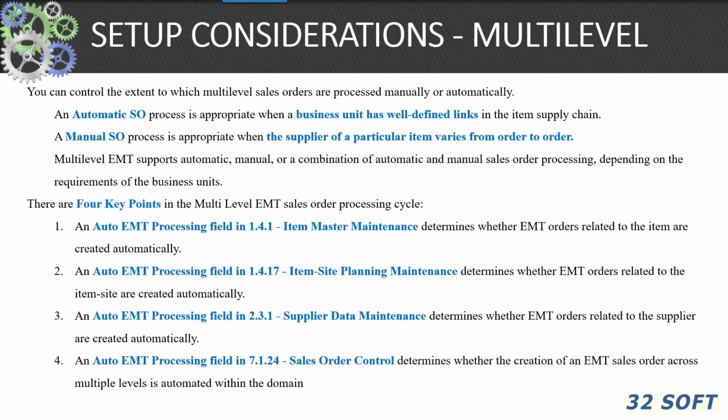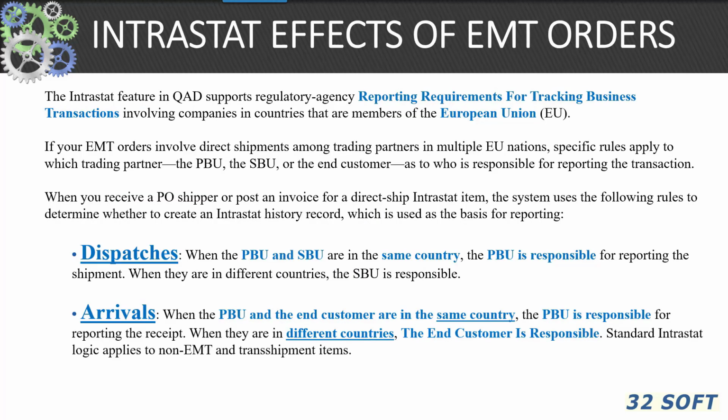Some considerations: if you're going to use automatic, you need well-defined business relationships. You can use manual, especially when you vary order for order. You can do automatic, manual, any combination you want, and it depends on the settings in those 4 key elements of automatic processing in 1.4.1, 1.4.17, 2.3.1, and 7.1.24.